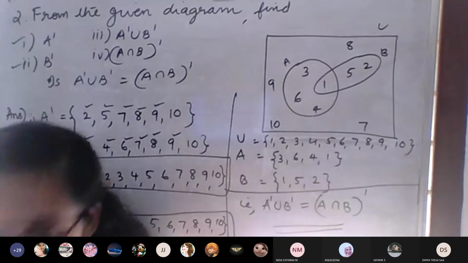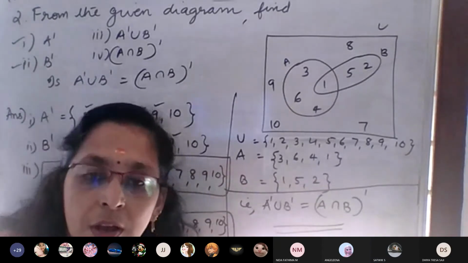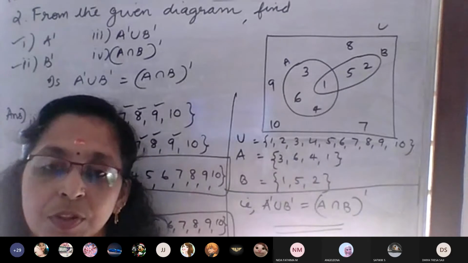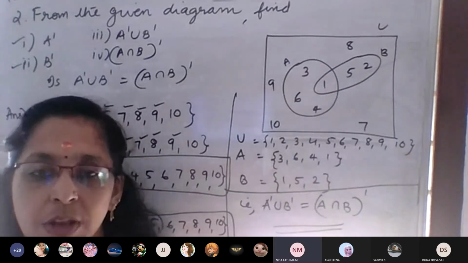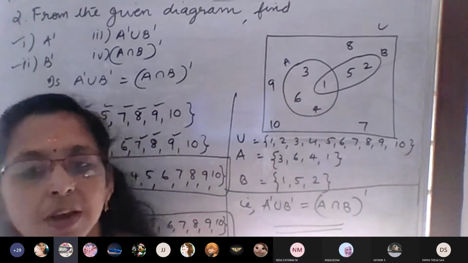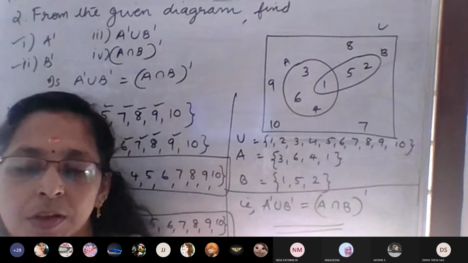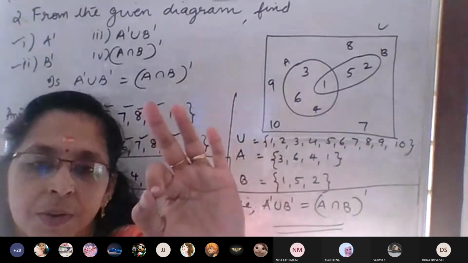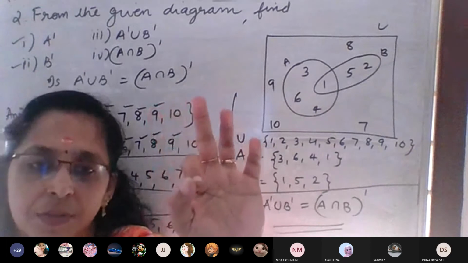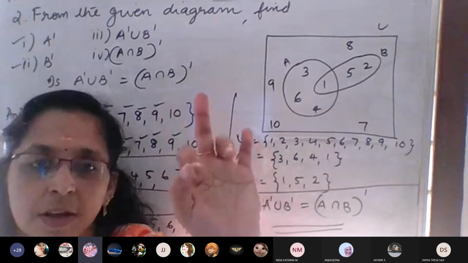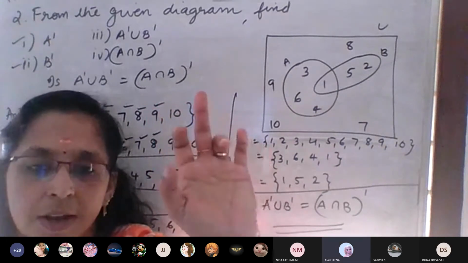So you got the idea of how to draw that diagram without numbers. Study that. How to draw a Venn diagram? Which are the cases we discussed? Joint set, disjoint set, and subset.